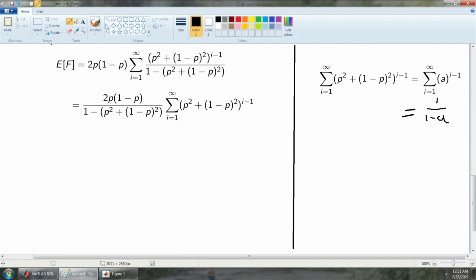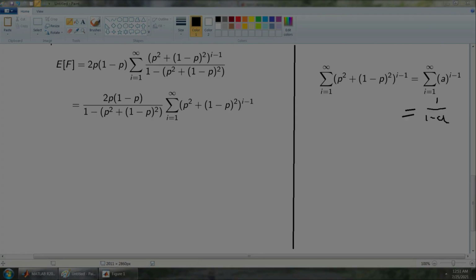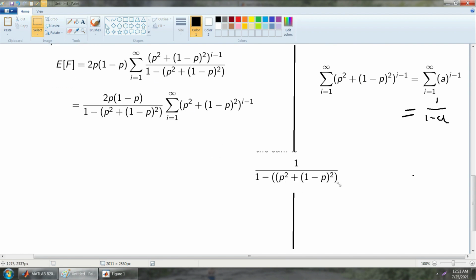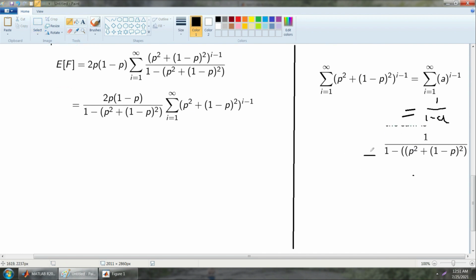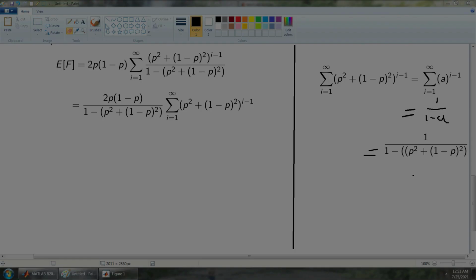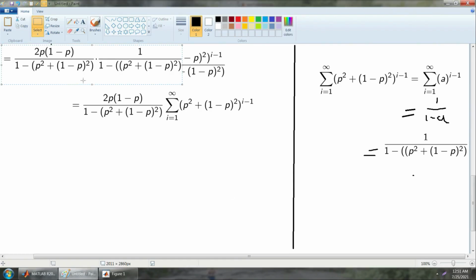So from here, using the fact that I know what a is equal to, I can rewrite this whole thing as being equal to this expression here. Okay, so from here I have that this is just equal to this expression here, and now I can simplify that sum. So from here I get that this expected value of f will simply be equal to this expression.